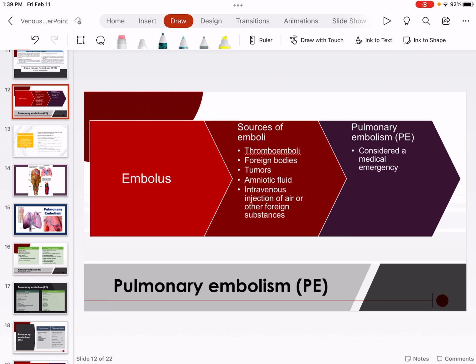Those things are only used in the prevention of DVT development. Then the client is going to gradually return to activity, and at that point you would encourage walking, tell them to avoid prolonged sitting and standing, avoid crossing their legs, and avoid tight-fitting garments. So that's what you would expect for a client with a DVT.